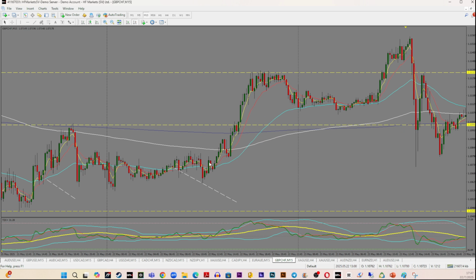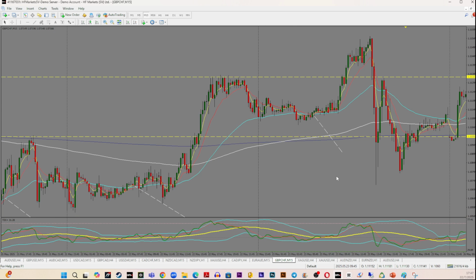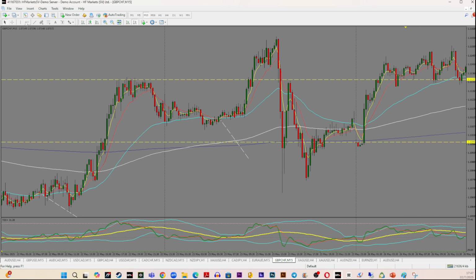After having these breaks of structure and these shift locks, we can now say at the end we want to see a bearish candlestick reversal pattern. And in this particular case, we had this bearish engulfing M15 pattern that was issued.